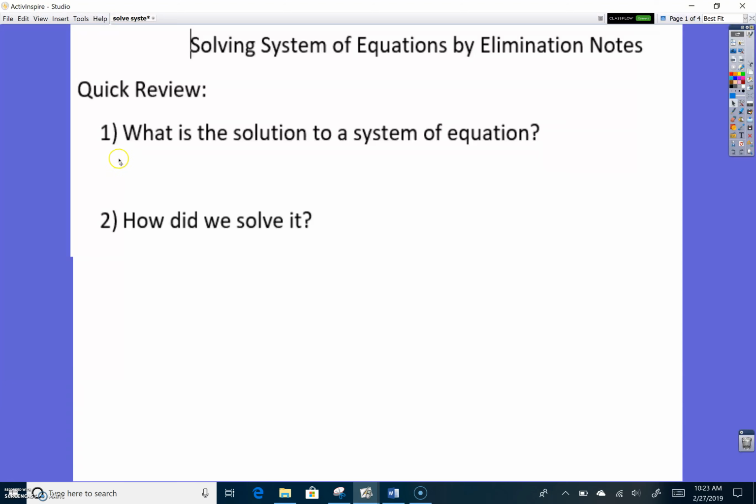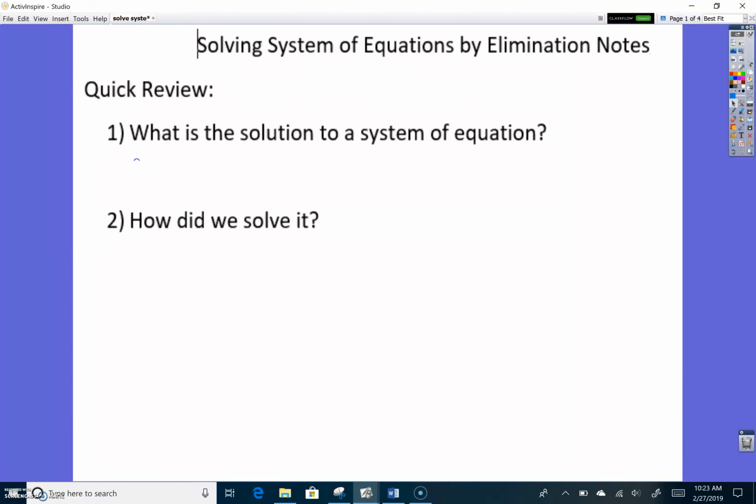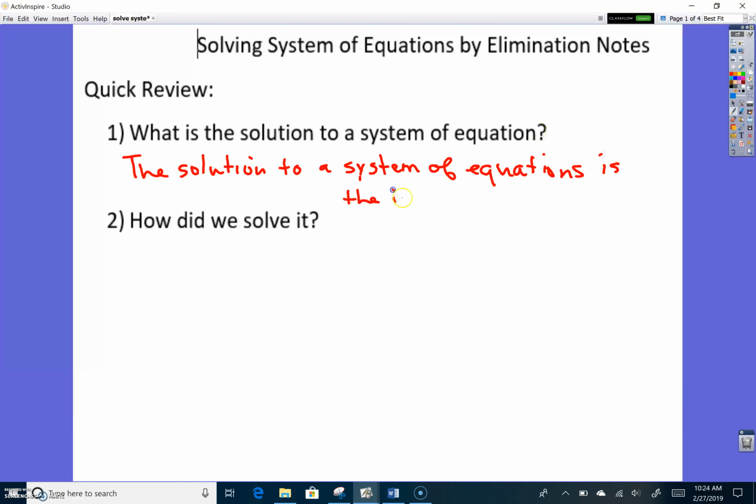Okay, good. If you remember correctly, the solution to a system of equations is the intersection of the 2 lines.